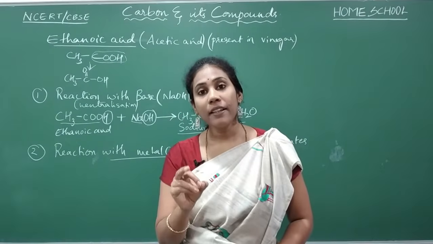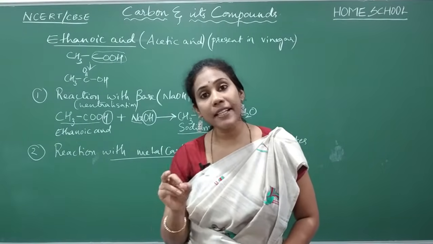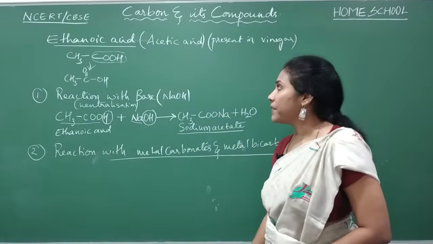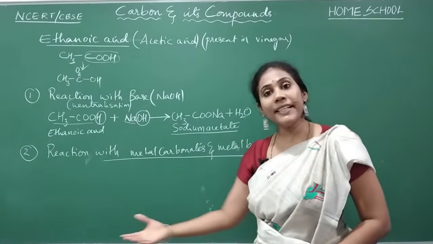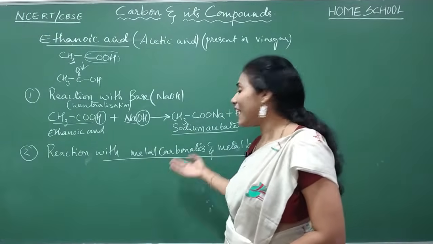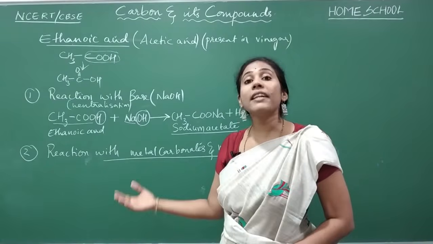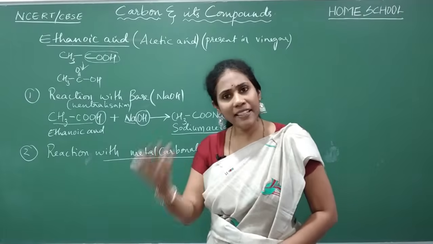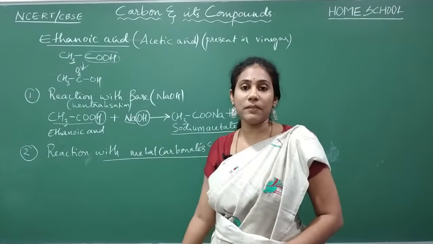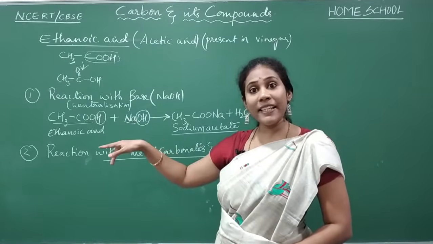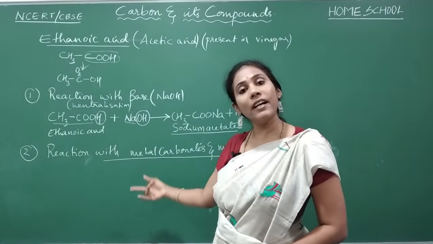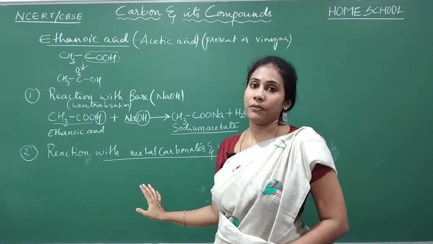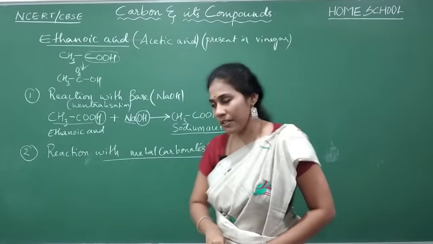You will get salt, carbon dioxide gas and water, isn't it? So the same thing happens here. Ethanoic acid is an acid, so it can also react with metal carbonate to give carbon dioxide, water and salt. This is the reaction you studied in the second chapter. It is not a new reaction. Okay, but there you studied with HCl, isn't it? But here you are studying with CH3COOH acid. Okay, shall we go for writing a reaction?